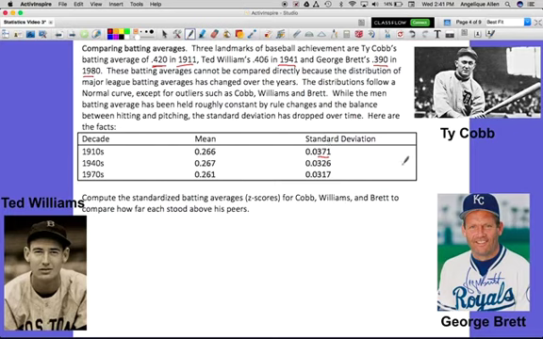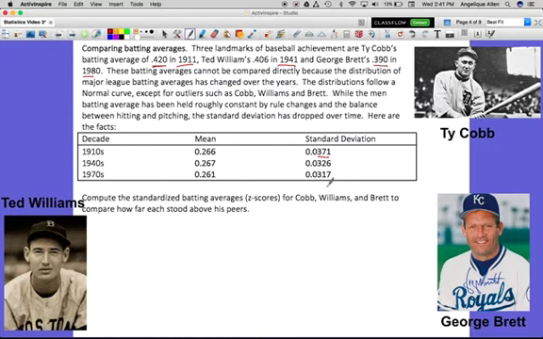So the averages got much higher and much lower, or a little higher and a little lower anyway, because these numbers are still decently close. So 3.71% standard deviation in that decade, and then in the 40s, it went down a little. So that means the batting averages were all closer together that year. 3.26 percentage points was one standard deviation, and in the 1970s, 3.17.